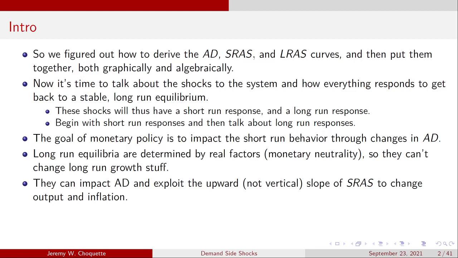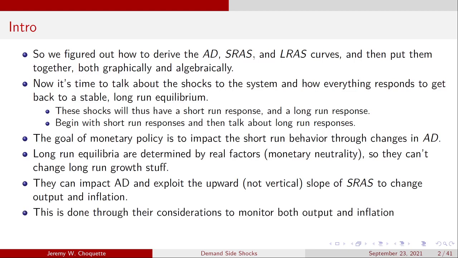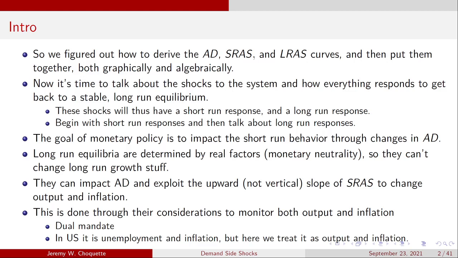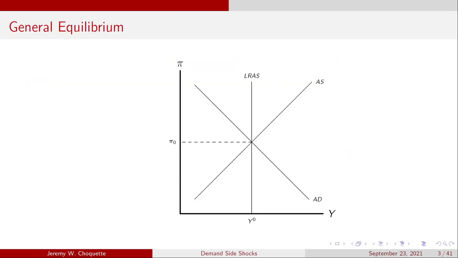They're only going to change inflation. They're going to increase inflation, and that's not exactly particularly good for the monetary authority, right? So this is done through their consideration to monitor both output and inflation. It's what's known as the dual mandate. In the U.S., the dual mandate is unemployment and inflation, but here we're treating it as output and inflation because we don't have anything for unemployment in this model.